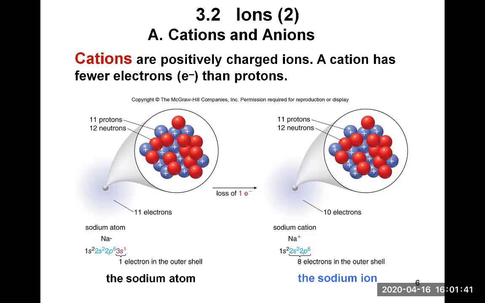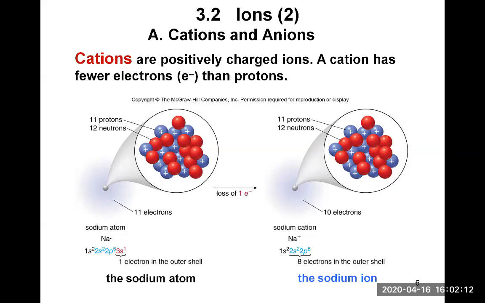And by doing this, Na becomes like neon. If you look at neon in the periodic table, its atomic number is 10, which means neon has 10 electrons. By losing an electron, the sodium atom becomes like the neon atom as far as the number of electrons is concerned, because now it also has 10 electrons like neon. And that stabilizes sodium a lot.